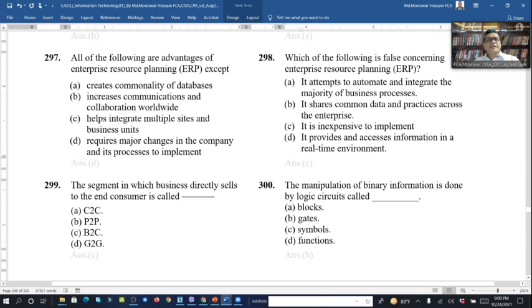All of the following are advantages of ERP except: create a common database, increase communication, help integrate multiple sites, but not require major change in the company's process implementation. Answer is D. So it is not an advantage of ERP.